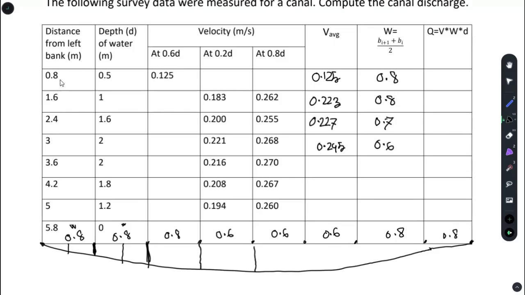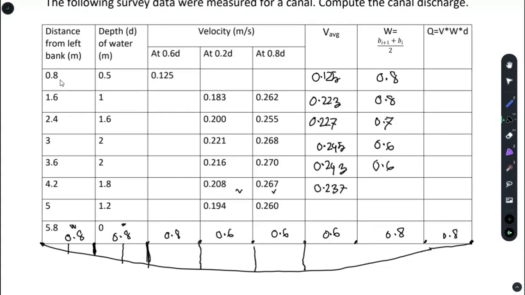And for this one, 3.6, you'll get an average velocity of 0.243. You'll get a width of 0.6. And for 4.2 distance from bank, you'll get an average velocity of 0.237, summing these velocities and dividing by 2.